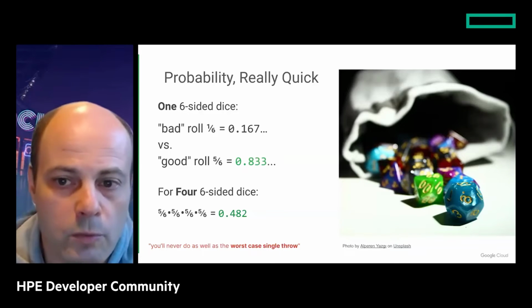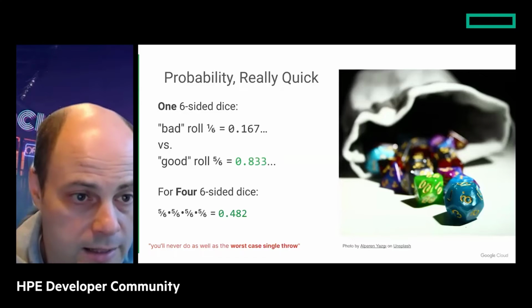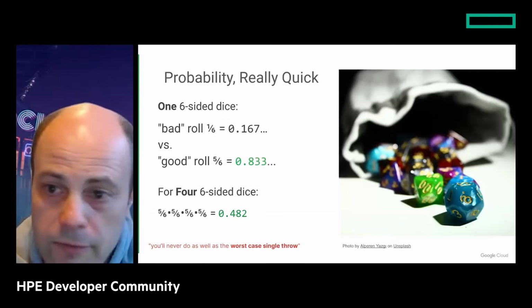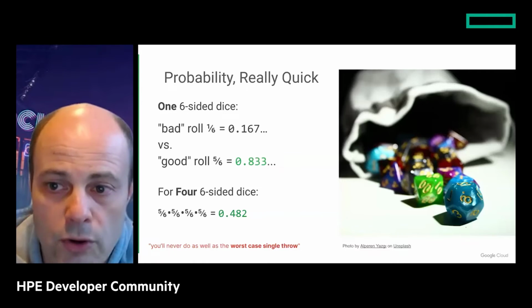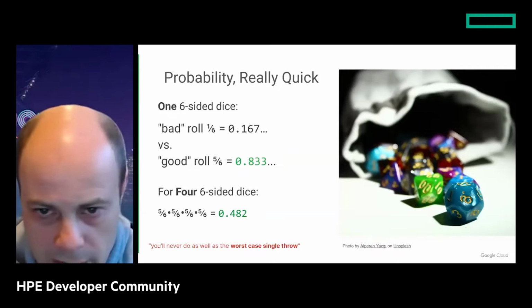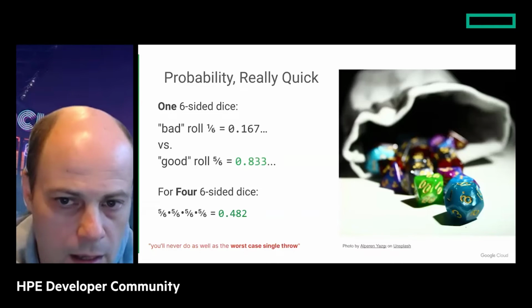So what is the chance to avoid outage if we have 4 services? In this case, it will be the same as rolling 4 dice, right? So it is the same as not rolling 1 in all 4 dice, because we need all 4 services.